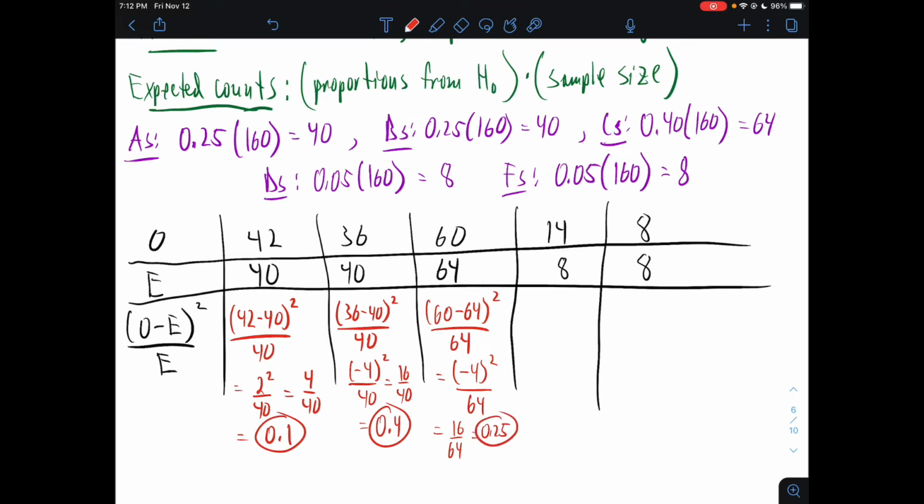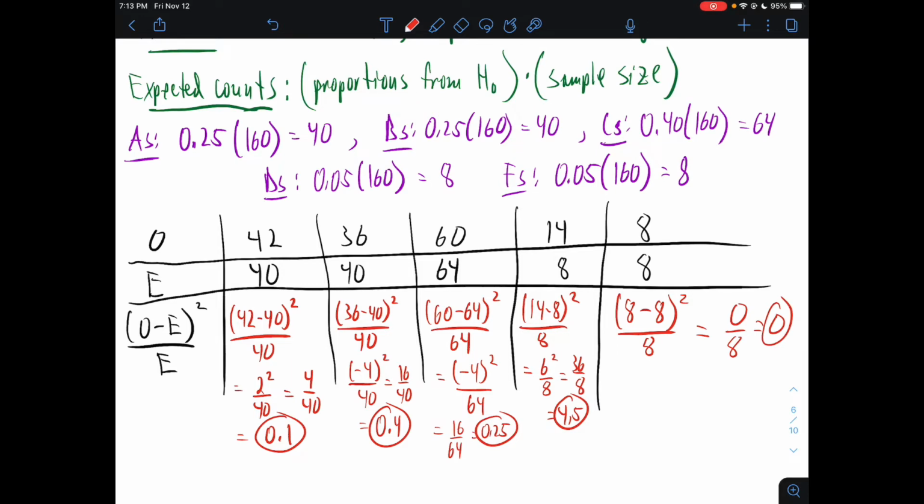So then 2 more to go. 14 minus 8 squared divided by 8. That gives me 6 squared divided by 8, or 36 divided by 8. And 36 divided by 8 is 4.5. And then finally, here we have the observed is exactly equal to the expected. And in that case, what you get is 0 divided by 8, which is 0.